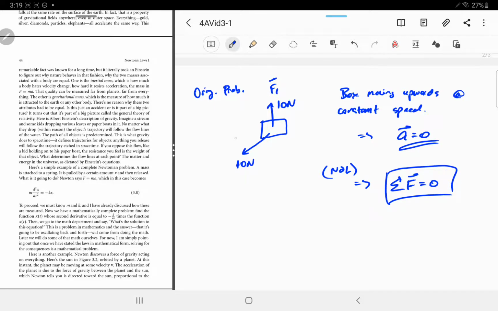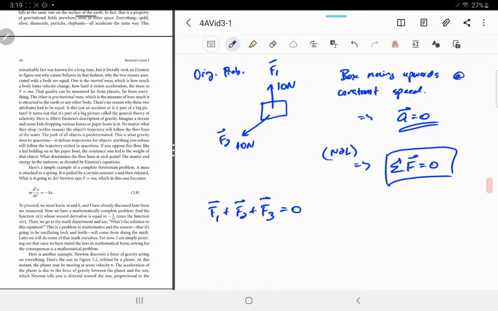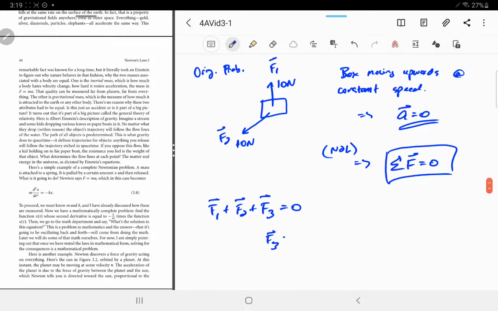So if we call this F1, we call this F2, F3 has to be a force so that F1 plus F2 plus F3 is 0. So what this means is that F3 is minus (F1 plus F2).